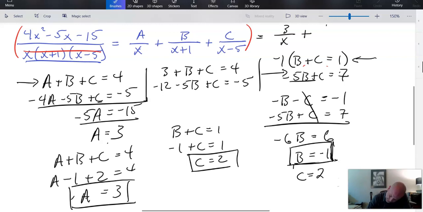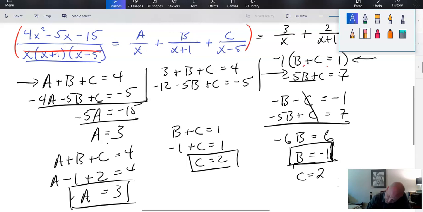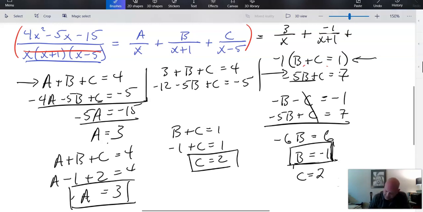This is now 2 over x plus 1. And then C, wait a minute. C is 2. Well, I'm losing my mind here today, guys. I'm apologizing for my insanity. So that's a negative 1. There we go. B is negative 1. And C is 2. And that goes with the x minus 5. There we go.